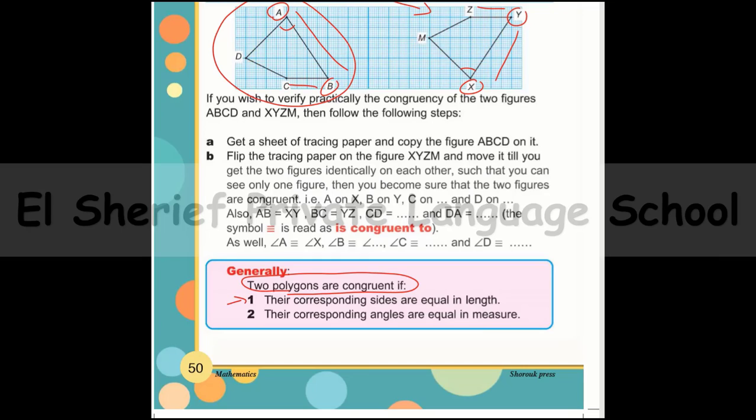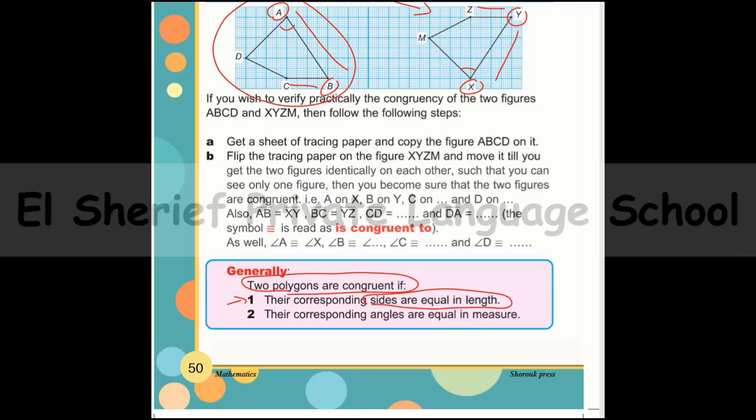First, their corresponding sides are equal in length, like AB and XY, BC and YZ, and CD and ZM.